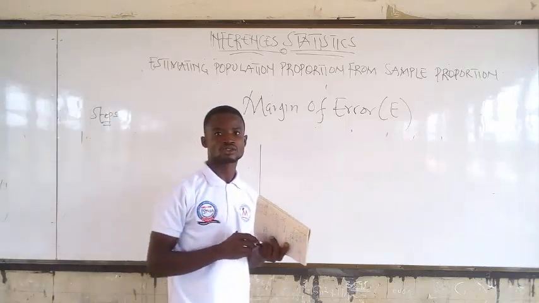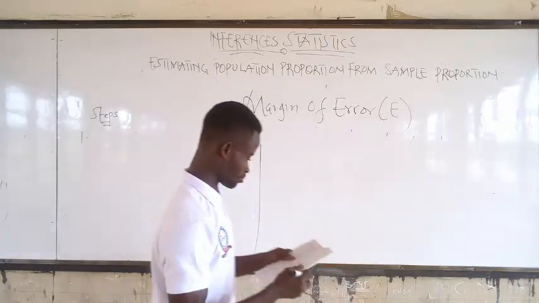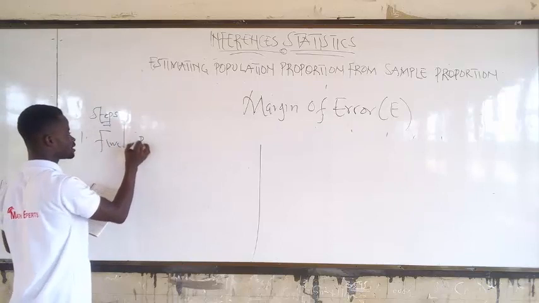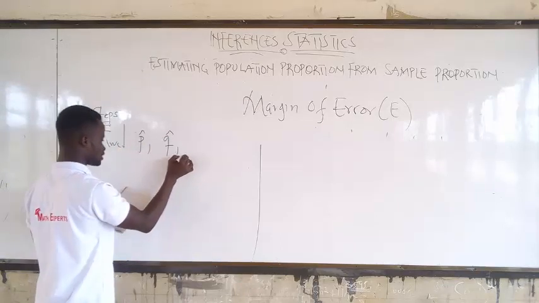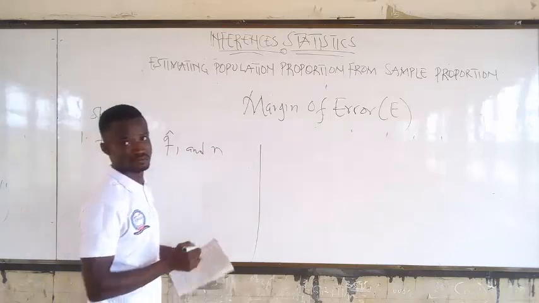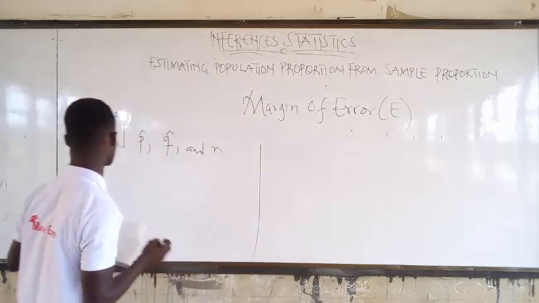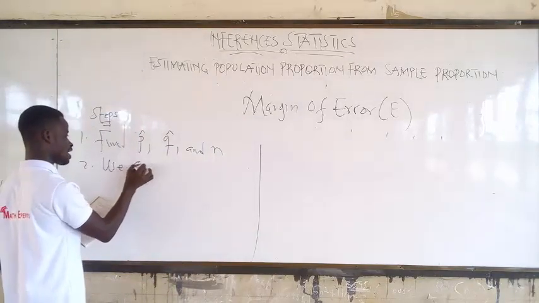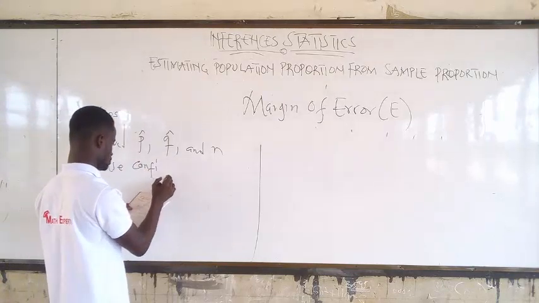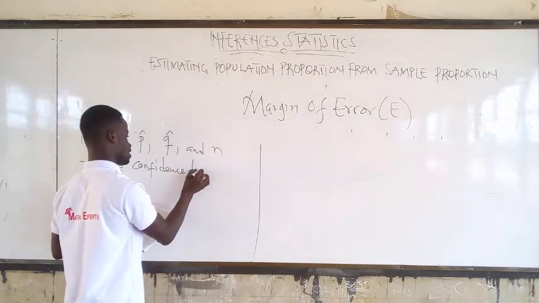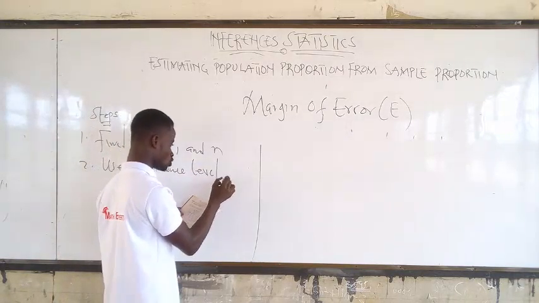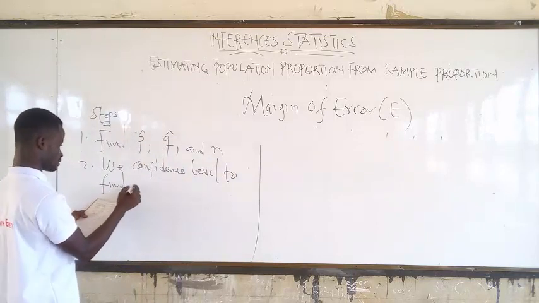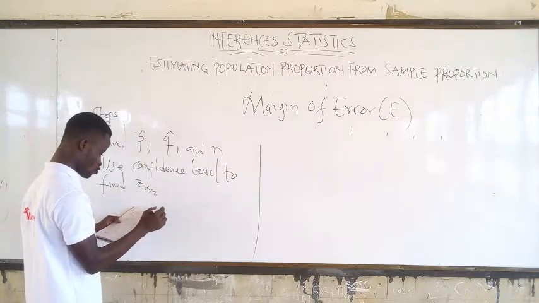Step 1. So the first step is that first you need to find P hat, Q hat, and N. You need to identify them. Alright. Step 2. You will use the confidence level to find Z alpha over 2.